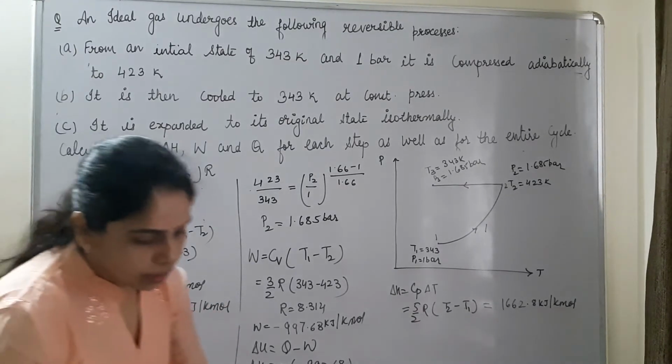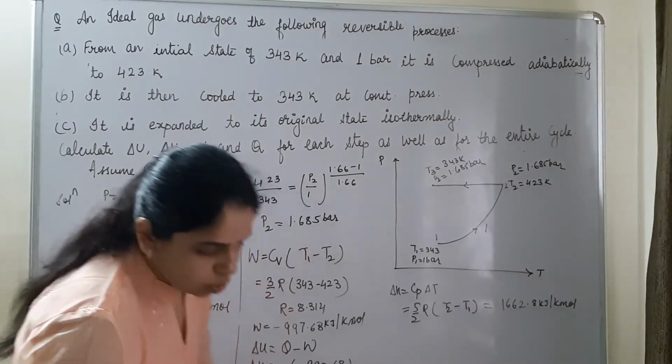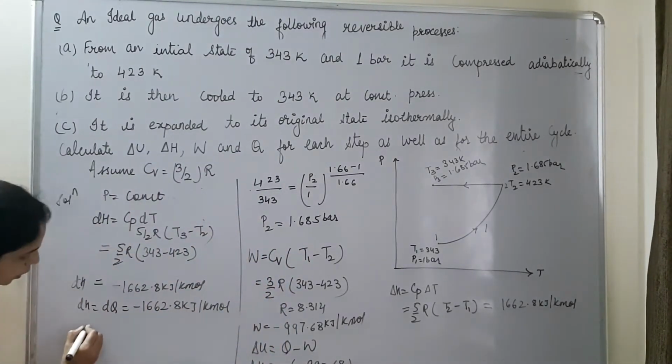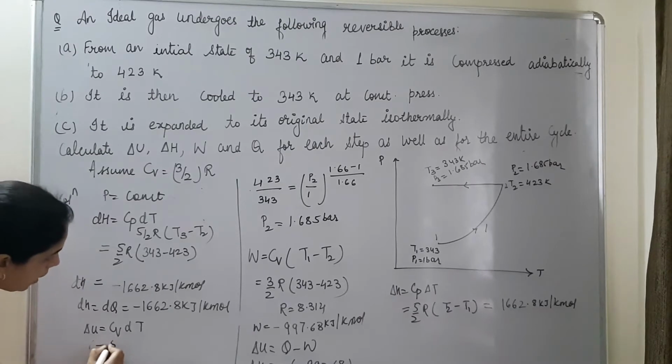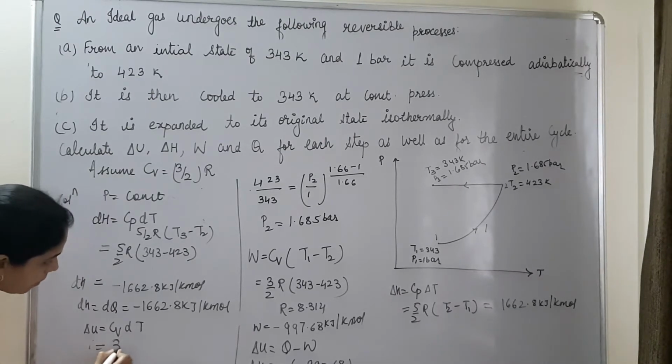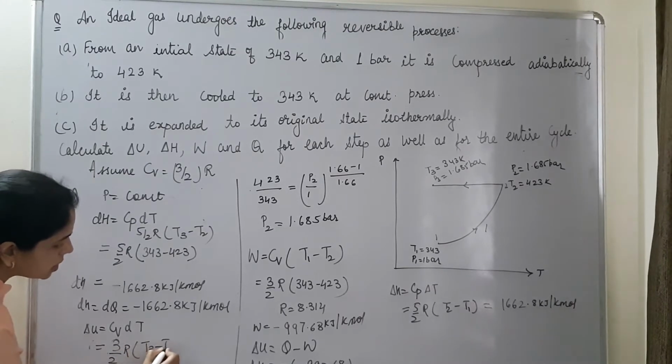Okay, now we need to find delta U. How can we find delta U? Delta U you can find by Cv dT. So Cv is 3/2 R, and again T3 minus T2.